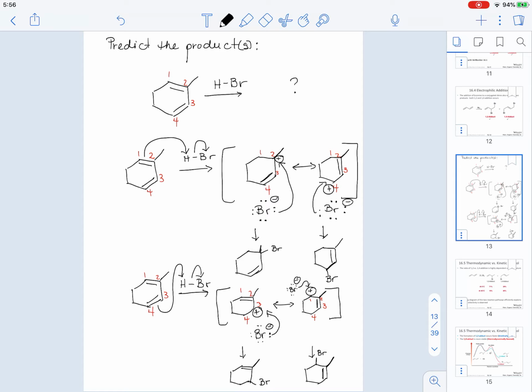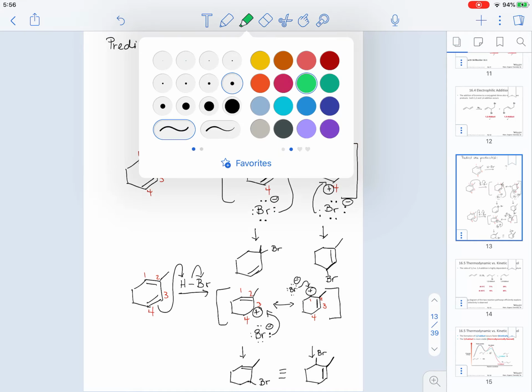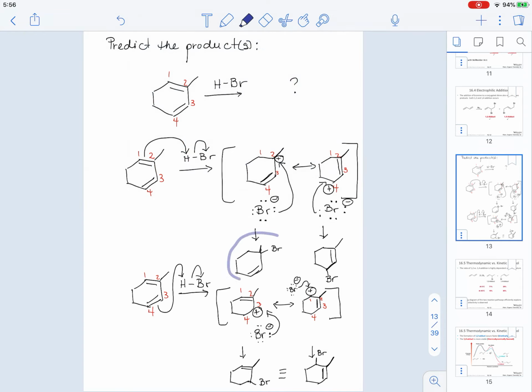So these 2 products, one of the things you can do is just by naming the compounds themselves. But these 2 products are going to be equal to one another. So in this reaction, we are forming 1, 2, and 3. Because in this last molecule, those 2 compounds that are written are going to be the same.